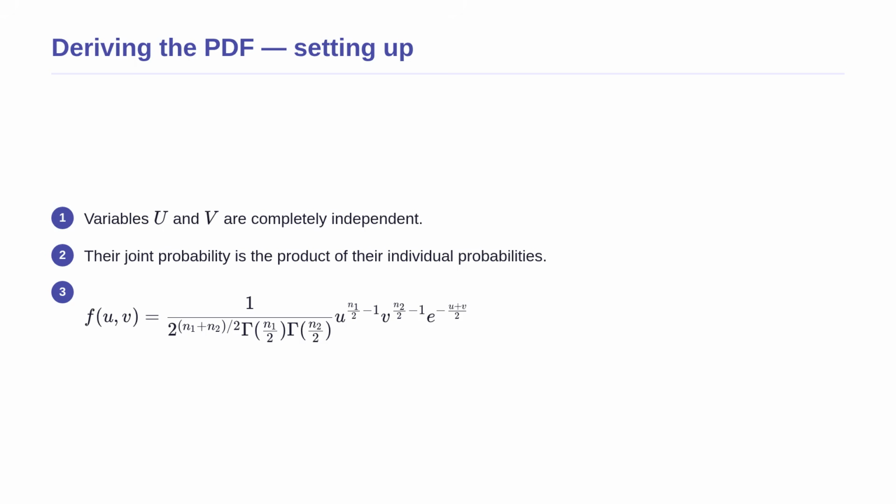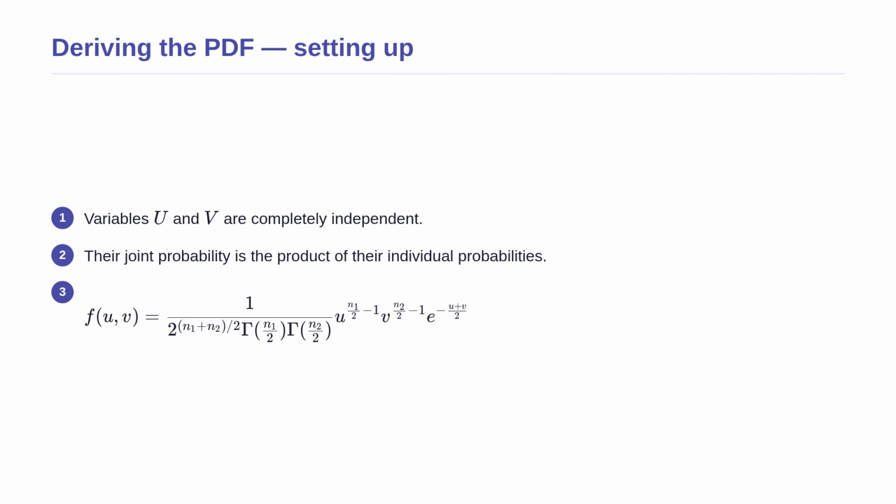This formula we just saw leads us to an important question. What does the exact mathematical curve of this distribution look like? To find out, we must perform a derivation. We start with the knowledge that our two chi-square variables u and v are completely independent.